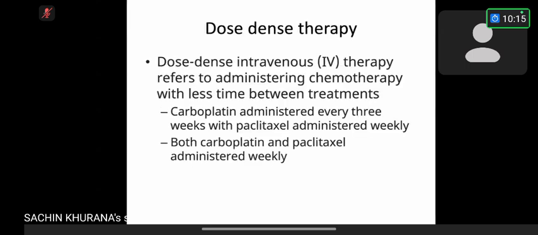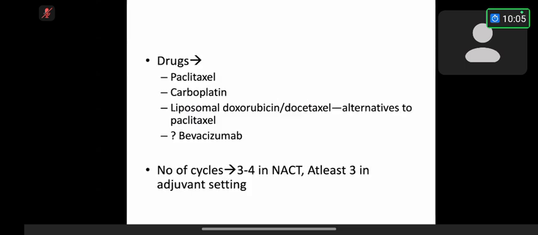There are some texts which also mention dose-dense therapy. Just to introduce what exactly dose-dense therapy is: before that, these drugs are usually used every 3 weeks, giving paclitaxel at 175 mg per meter square and carboplatin AUC 5 or 6 every 3 weeks for 6 cycles.